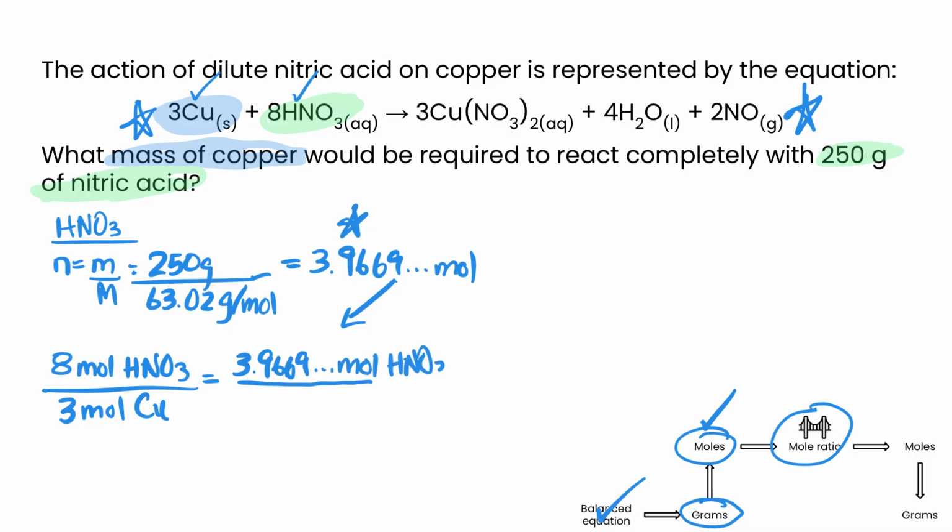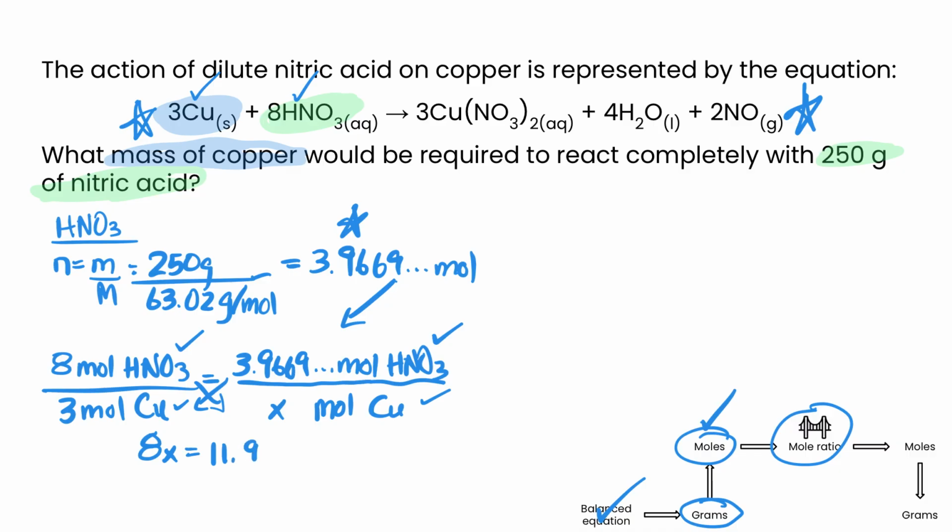Just making sure and double checking that if I've got nitric acid on the top there, it's on the top there on that side of the equation too. And then we're trying to solve for moles of copper, and copper's on the bottom on both sides. So now we're going to cross multiply. So we're going to end up with 8x is equal to 3 times 3.9669.